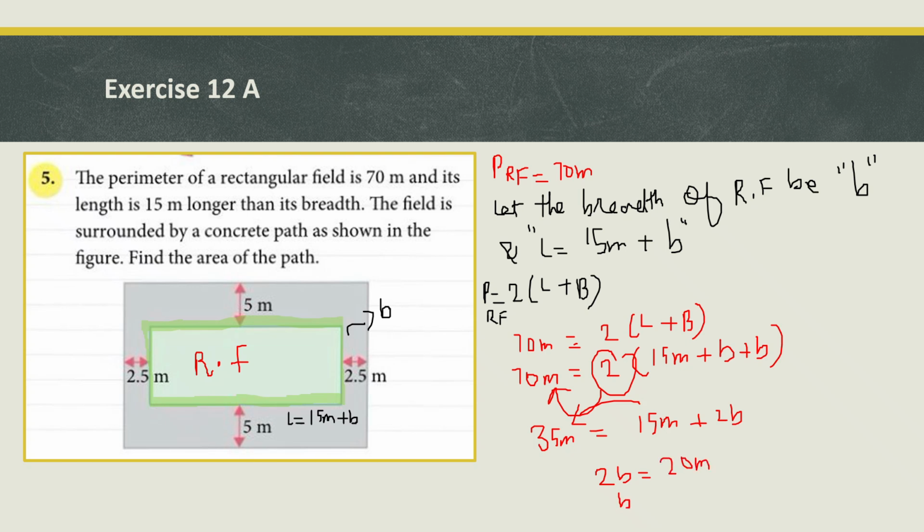So b is equal to 20 divided by 2, which is 10 meter. So b is equal to 10 meter. Hopefully it's clear to everybody.